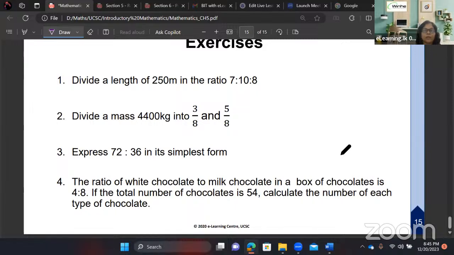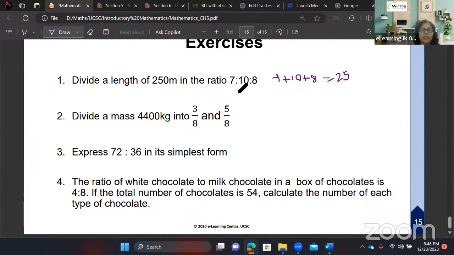If you are asked to divide a length into a ratio, first find out the total number of parts. What is the total of 7 plus 10 plus 8? It is equal to 25. Right? Now you know the total number of parts.